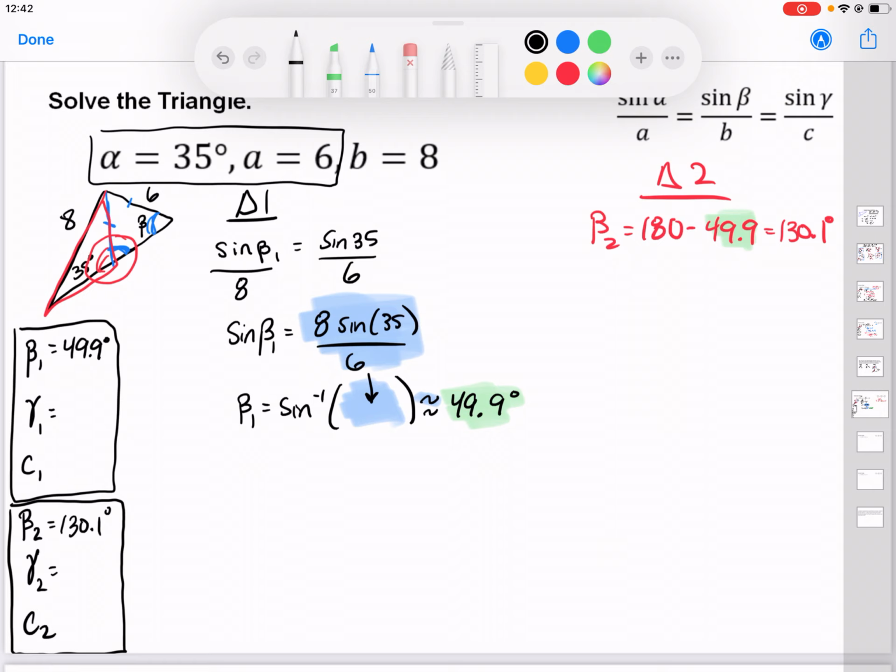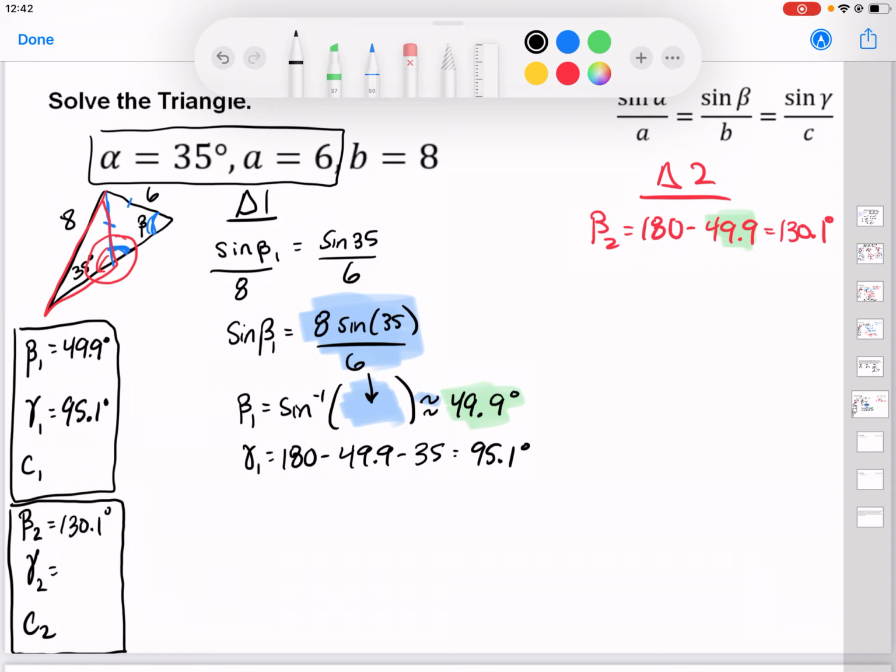Okay, let's go ahead and finish finding everything for the first triangle though. So next thing I would do is find my gamma, and I just do that by taking 180 minus the two angles. So 180 minus 49.9 minus 35, yeah. So we get 95.1 degrees.